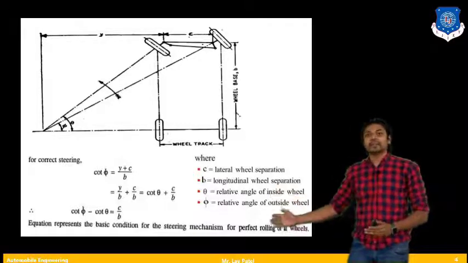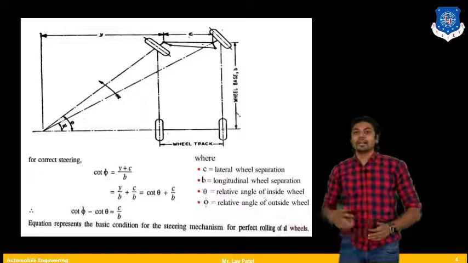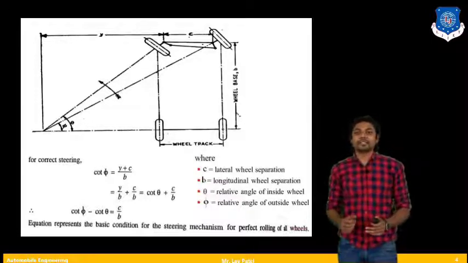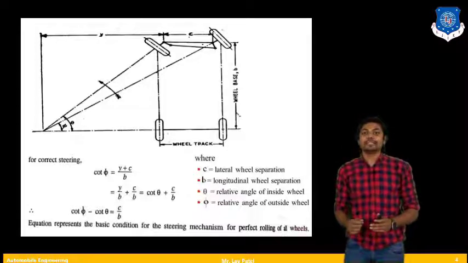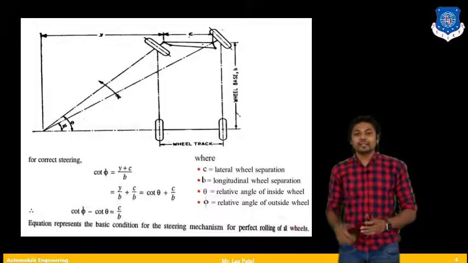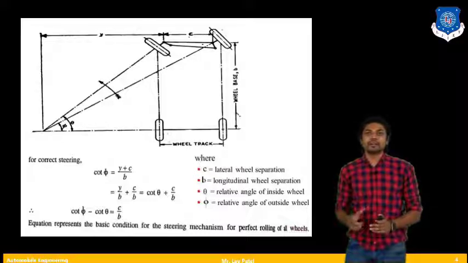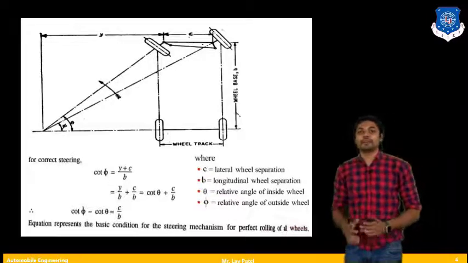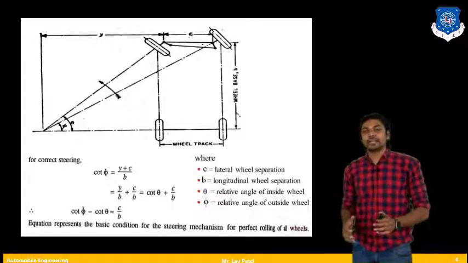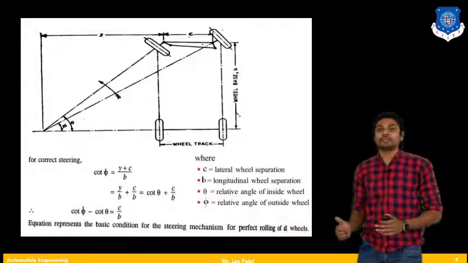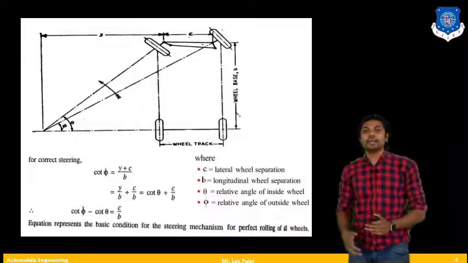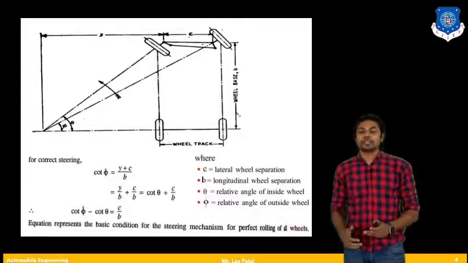These basic steps we have already learned in the theory portion, and from them we can conclude that cot phi minus cot theta is equal to c/b. C again means the lateral wheel separation of the front two wheels, and b is the wheelbase. So finally I can conclude what we mean by perfect or correct steering: for correct steering, cot phi minus cot theta is equal to c/b. That condition has to be fulfilled for each steering.